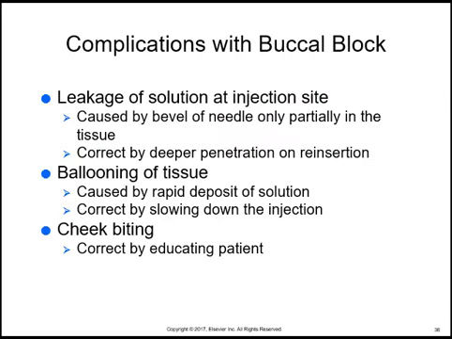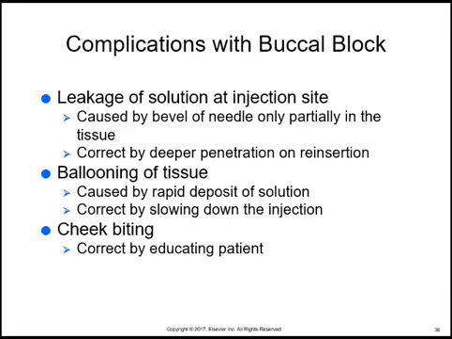Now the complications would be leakage of the solution at the injection site, and this is caused by the bevel of the needle only partially in the tissue. You would correct it by deeper penetration or reinsertion. Another thing that can happen is ballooning of the tissue, which is caused by rapid deposition of the solution, and you correct that by slowing down the injection.